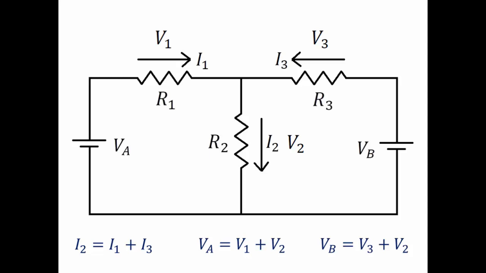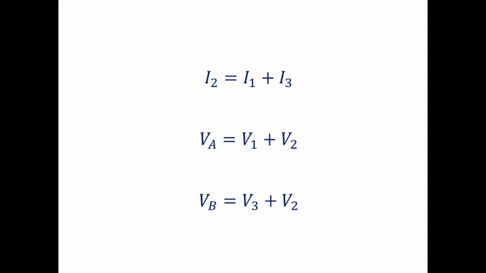The voltage drops across resistor 3 and resistor 2 have to be equal to VB. So here's these 3 things we know, and we can actually figure out I1, I2, I3, and V1, V2, V3 if we know VA, VB, and the 3 resistances.